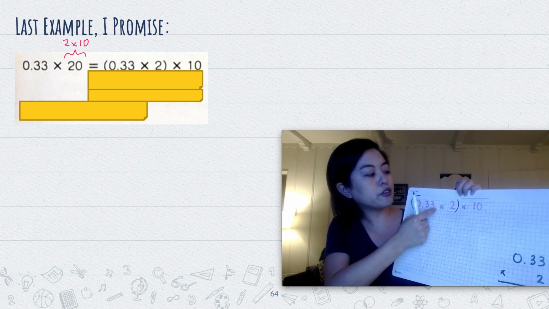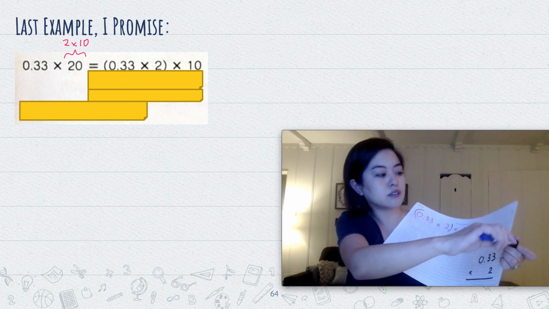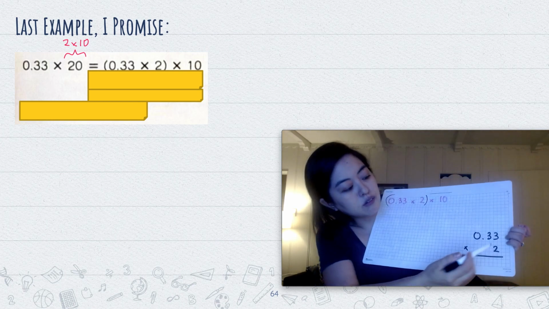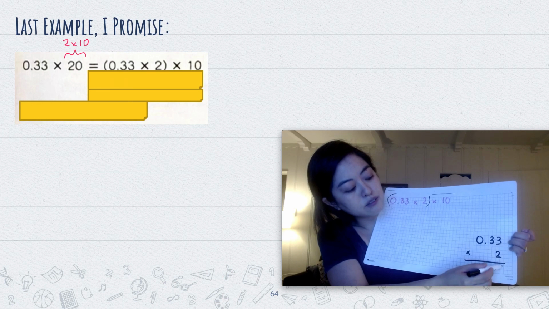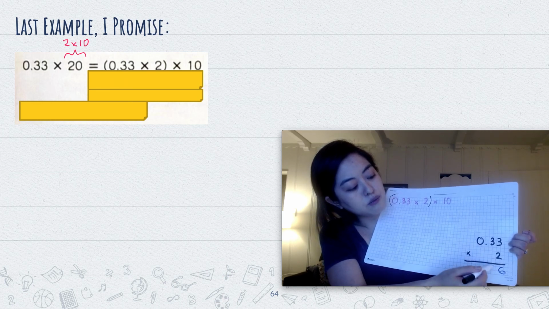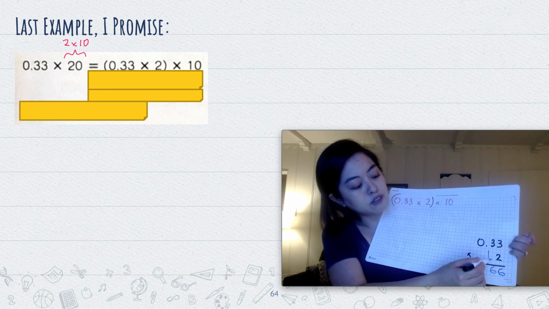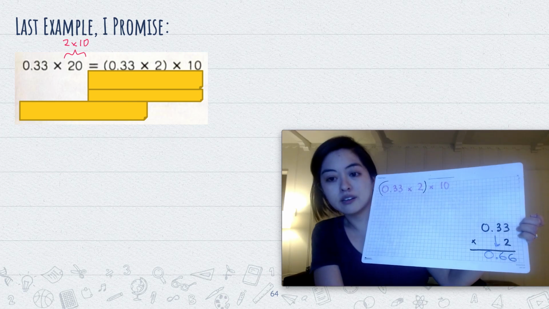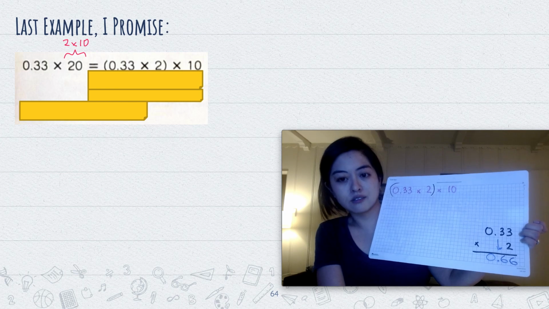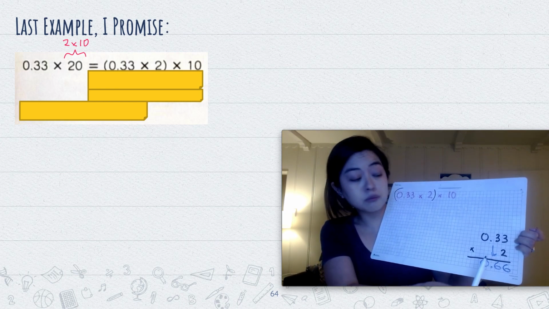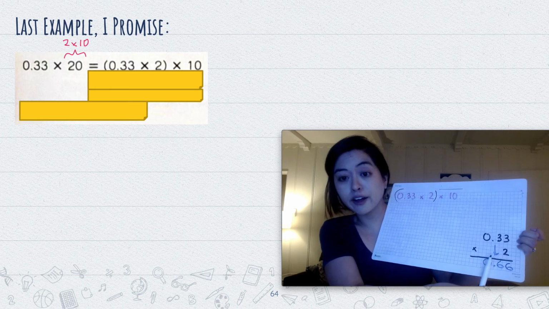And so 0.33 times 2 is, let's take a look here, okay? So I'm going to do 2 times 3, which is 6, 2 times 3, which is 6, 2 times 0 is 0, and then I'm going to drop the decimal point, so 0.66. Okay? So again, when you multiply vertically like this, it's important to put the answers in the correct place value column.